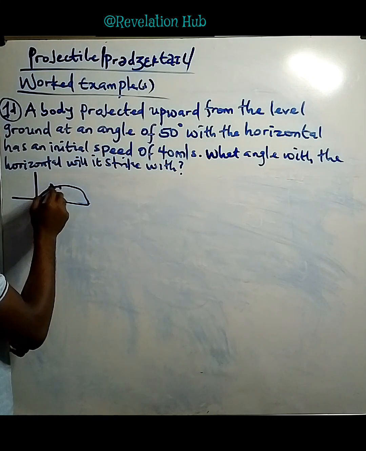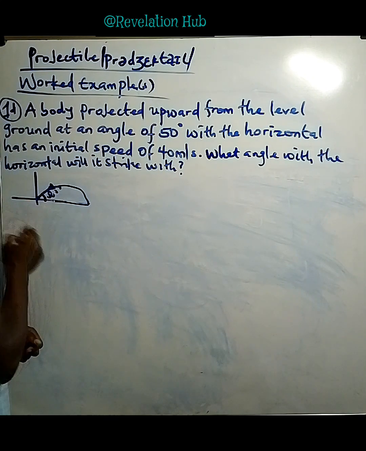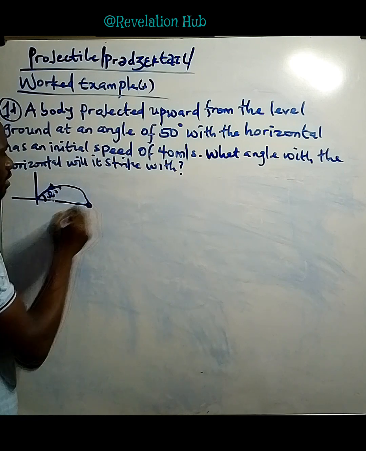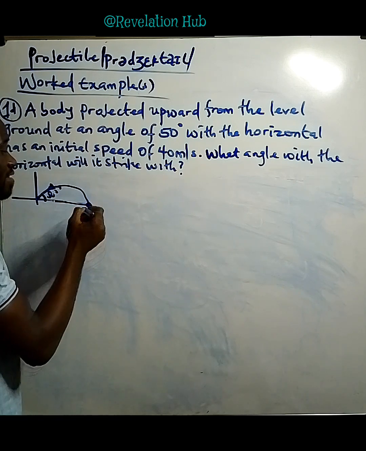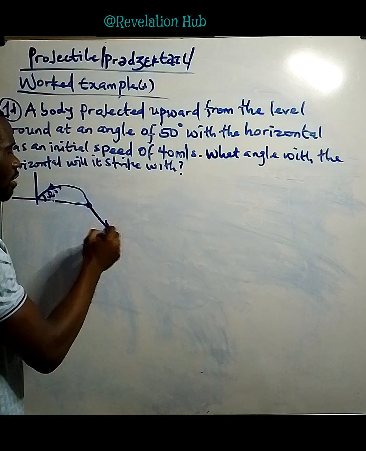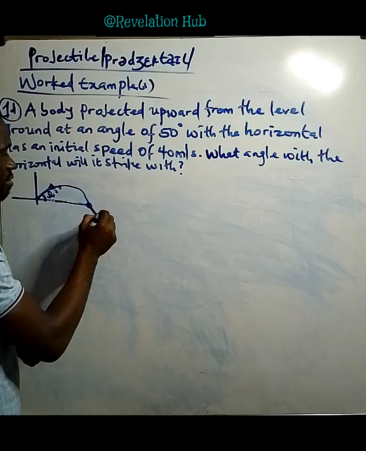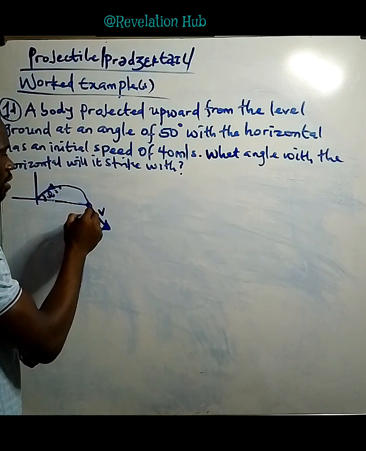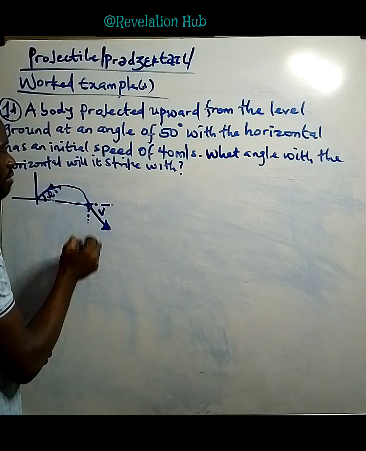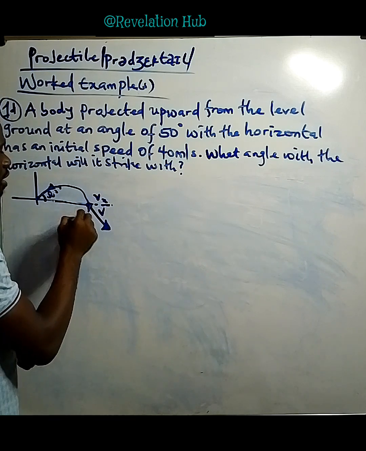So the body goes out like this at 50 degrees. Now it hits the ground here, with a landing velocity in two dimensions. There's a final velocity, and this goes into components along x and along y.